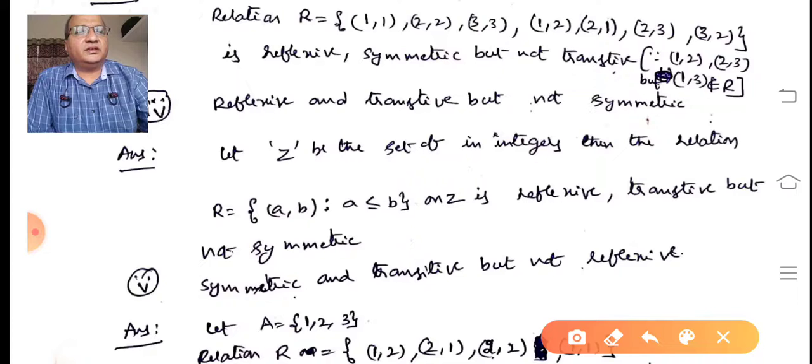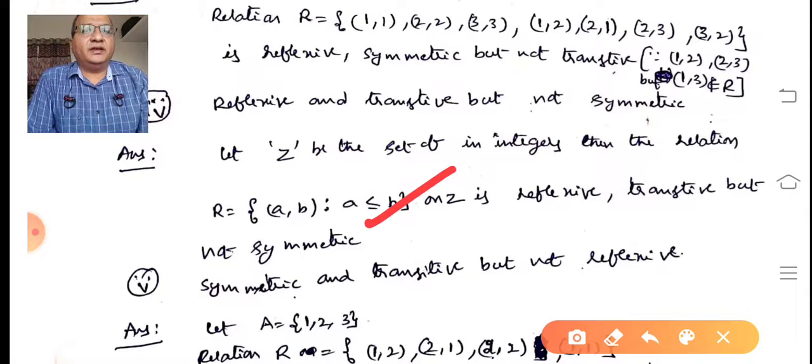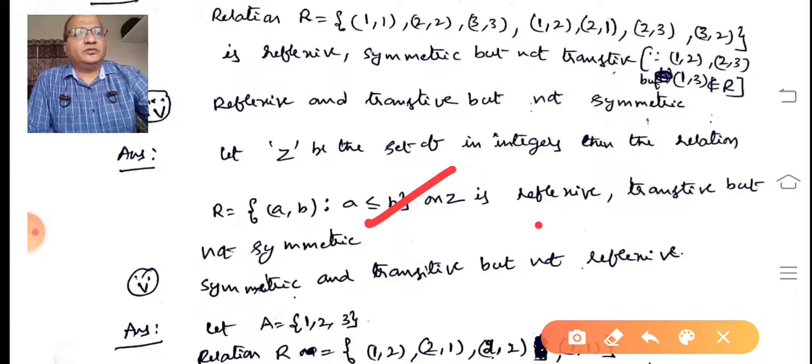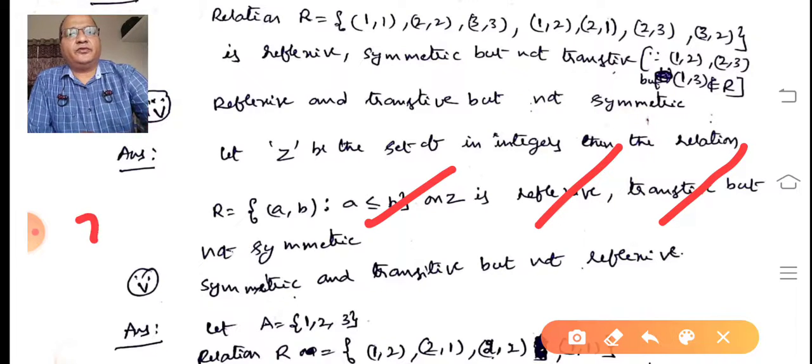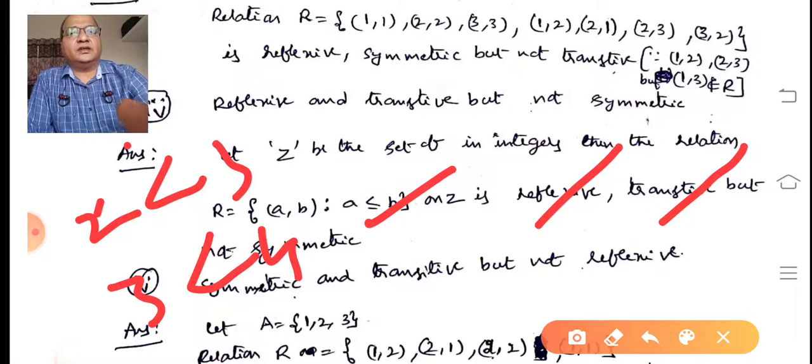We just saw the same problem, a less than or equal to b. I already explained, if less than or equal to is there, then it is reflexive because every element is equal to itself. Hence, for every a belongs to Z, (a,a) belongs to R. So it is reflexive. It is also transitive, because if 2 is less than 3 and 3 is less than 4, then 2 is less than 4.